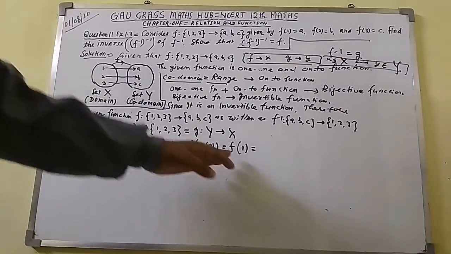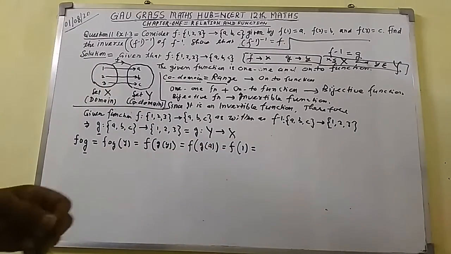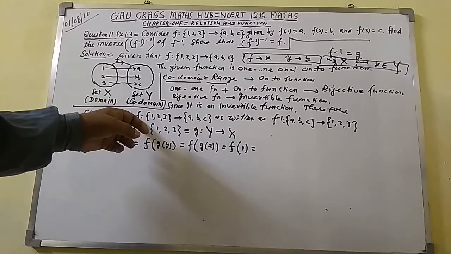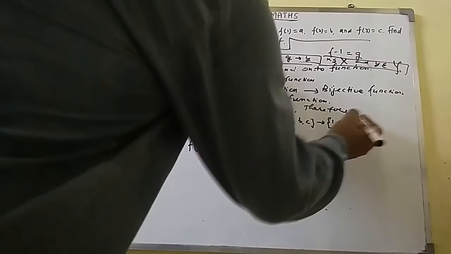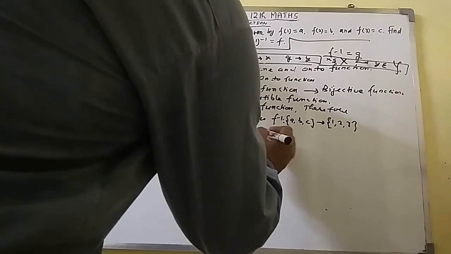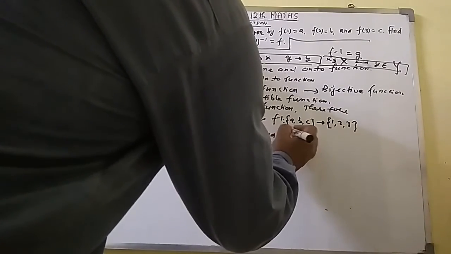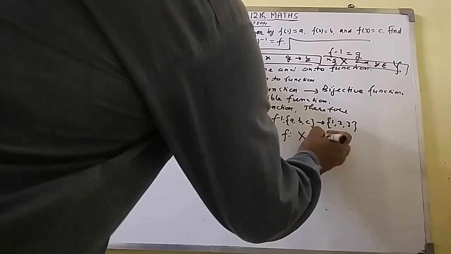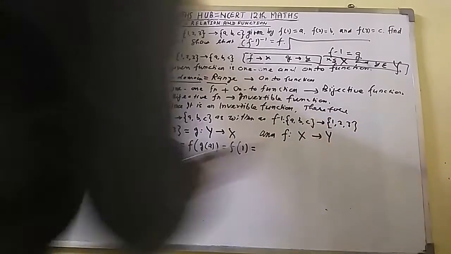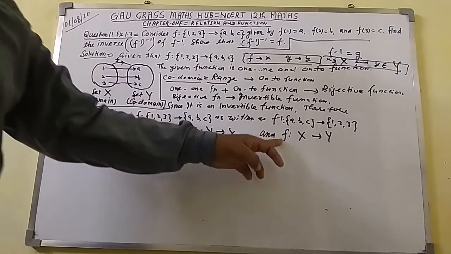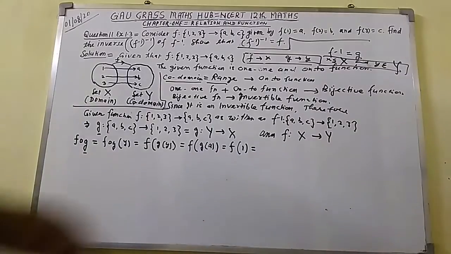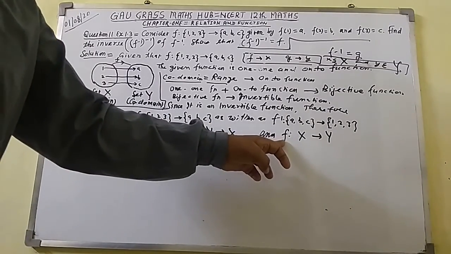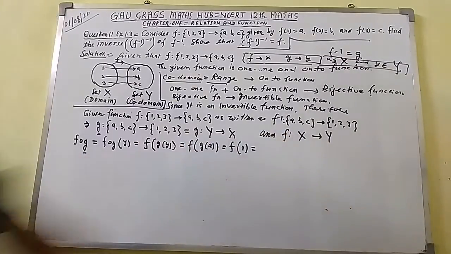Now again you can see F of 1. The F of 1 will be written from here. You can relate from here. So here in case of F, this will be capital X goes to capital Y. In case of F, F is capital X goes to capital Y. The inverse of this statement will be this one.